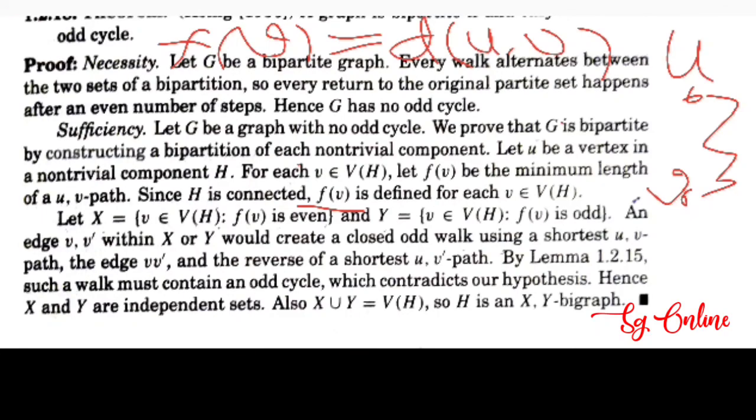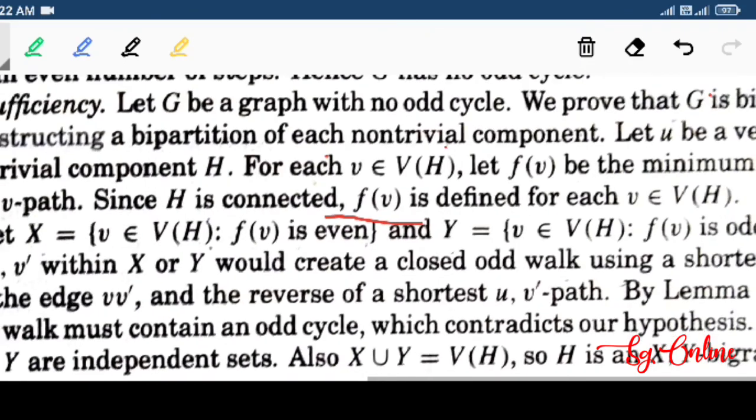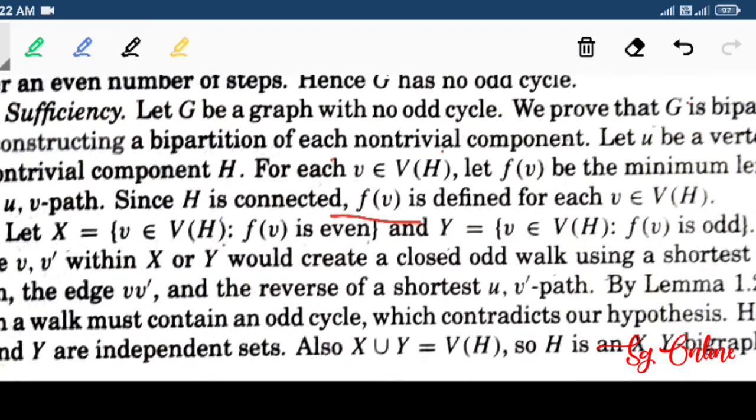Now this distance can be either even or odd. We form two sets: X, the set of vertices where the distance from u is even, and Y, the set of vertices where the distance is odd.